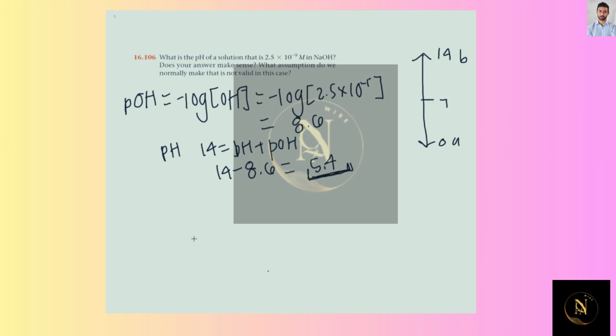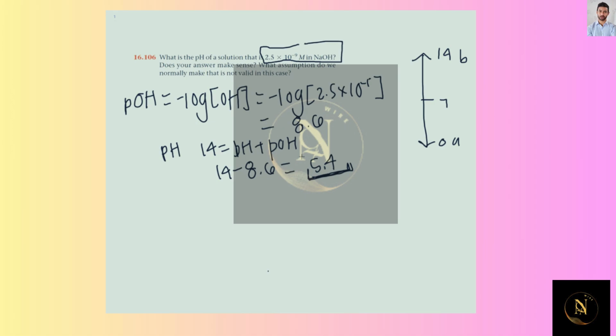So what we're assuming here, which is not valid, is that the concentration of the hydroxide ion is equal to the concentration of the sodium hydroxide. The first thing that we should have noticed is that our concentration is very dilute.